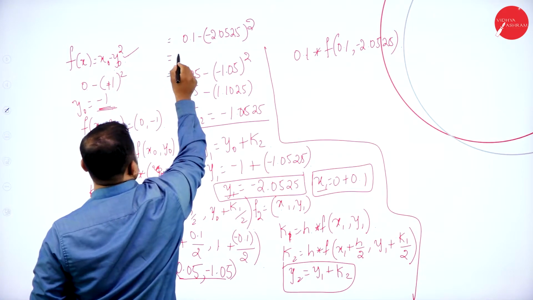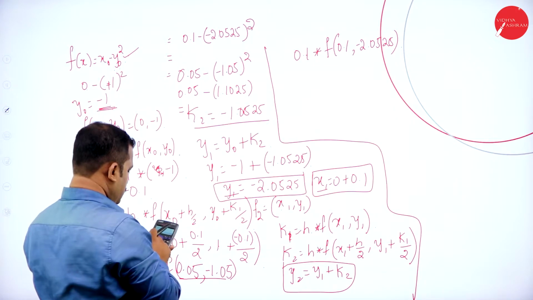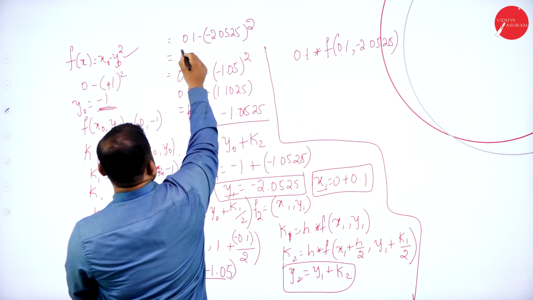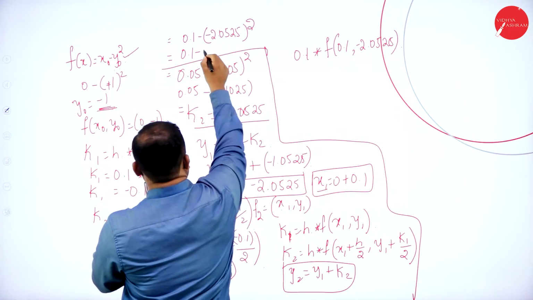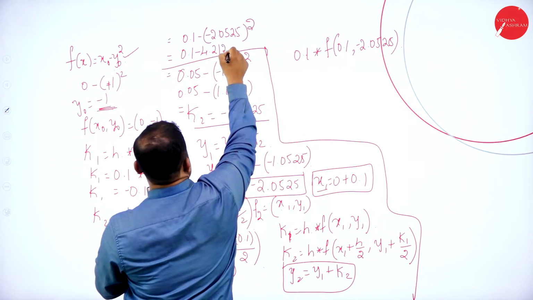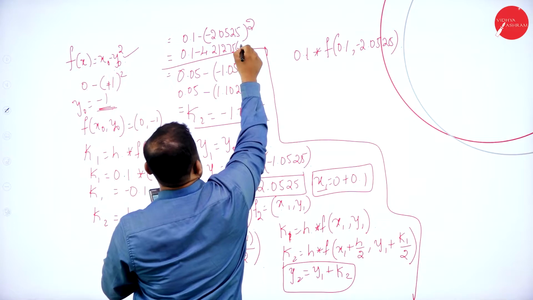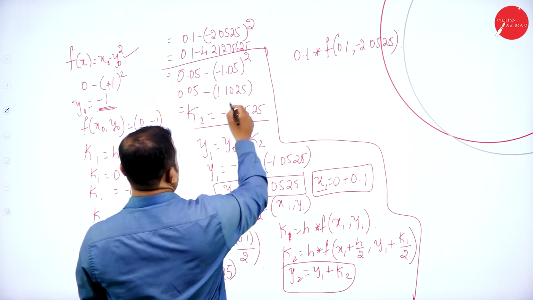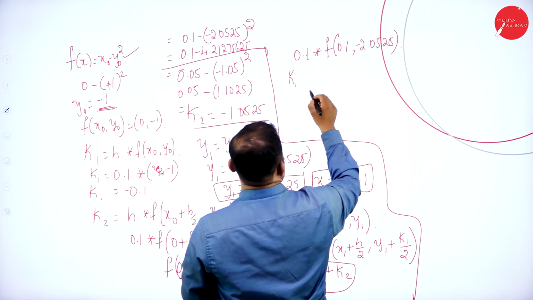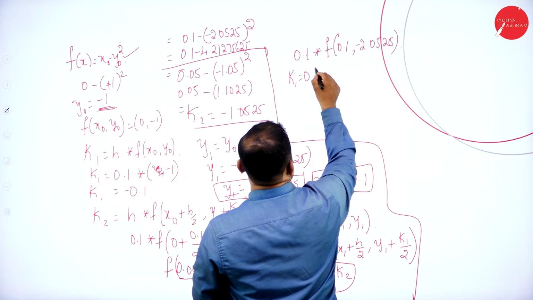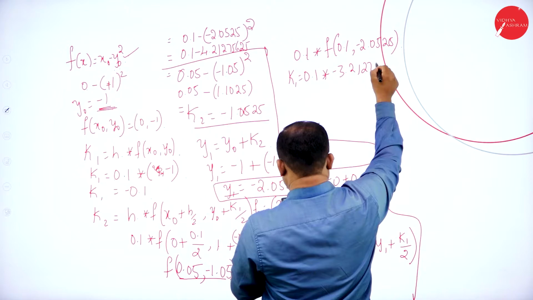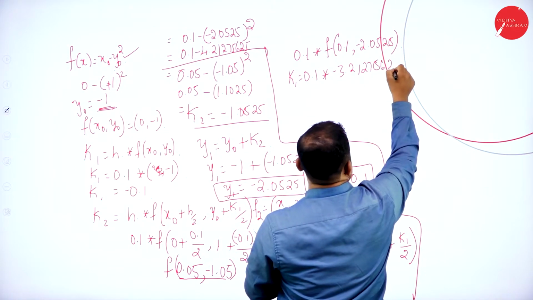That gives me the value 4.21275625. 0.1 minus 4.21275625 is equal to 0.1 into minus 3.21275625.